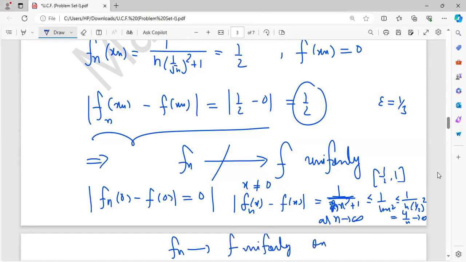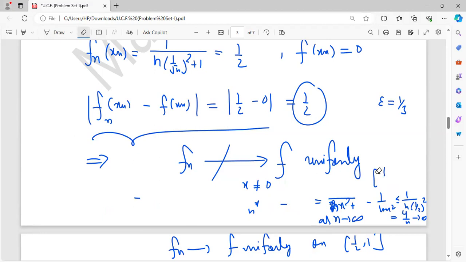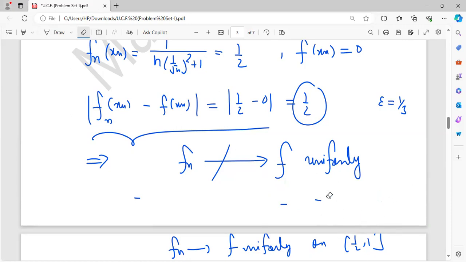So it means f_n converges to f uniformly on [1/2, 1]. Because on this closed interval, 1 by 2 to 1, we have f is 0.